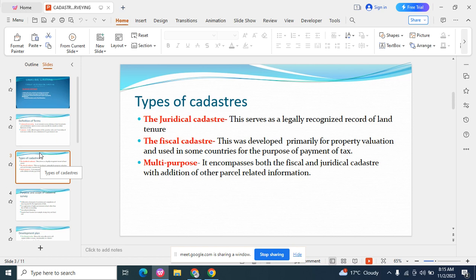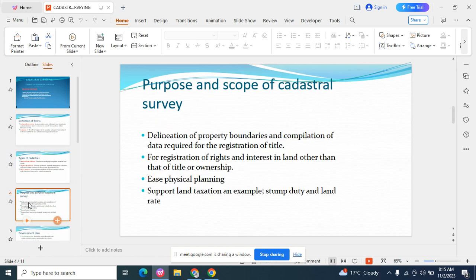Then number 3, multi-purpose. Someone to read for me what is explained by the term multi-purpose cadastre. It encompasses both the fiscal and juridical cadastre with addition to other parcel related information.